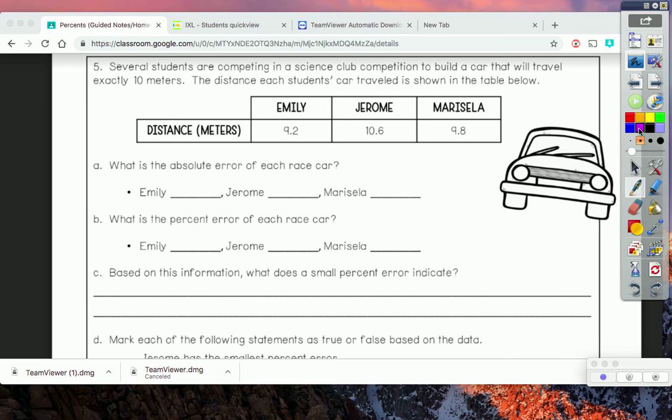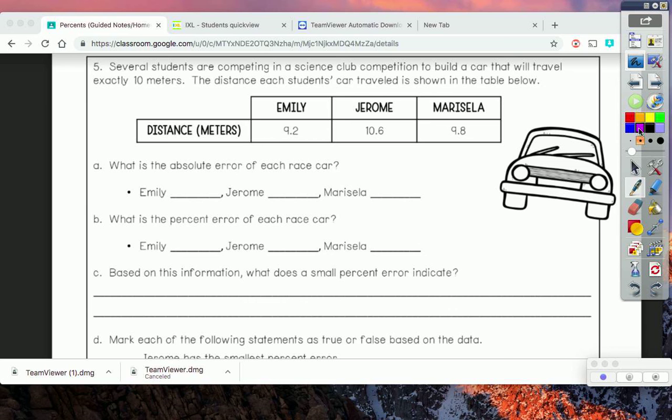All right, so yesterday our lesson was on percent error, and that's trying to find the percent difference in what you were supposed to have gotten and what you got. Our equation for percent error starts with the equation for absolute error, and the equation for absolute error is the accepted amount minus the exact amount.